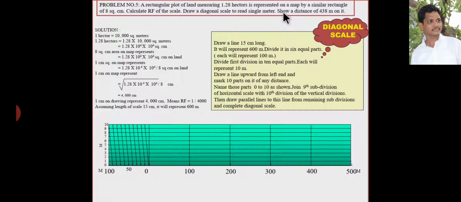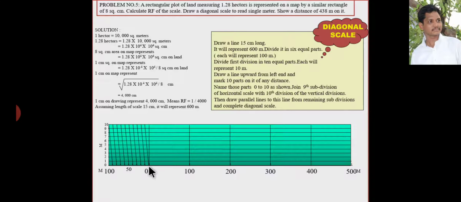Here you have to represent the value of 438. That is, you have to show on this scale that value is 438 meters. First of all, you have to split this 438 meters into 400 meters plus 30 meters plus 8 meters. So it represents single meter, it represents 10 meters, it represents 100 meters. First you have to mark the value of 38 meters.